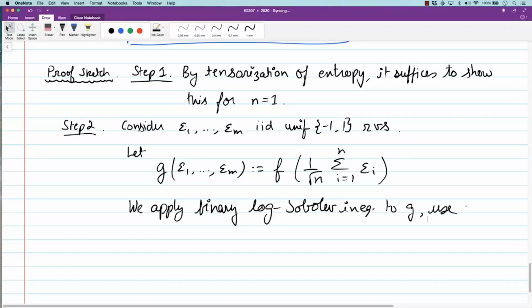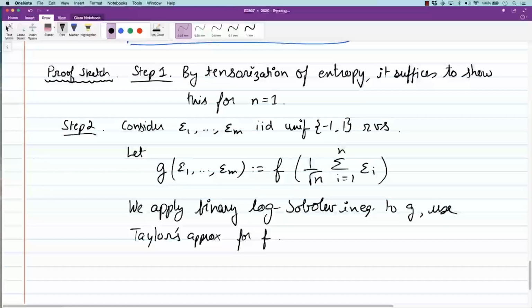Use Taylor's approximation for f. That's where we require this boundedness of the second derivative. I think that will be needed, or at least uniform boundedness of the first derivative will be needed. Taylor's approximation for f.